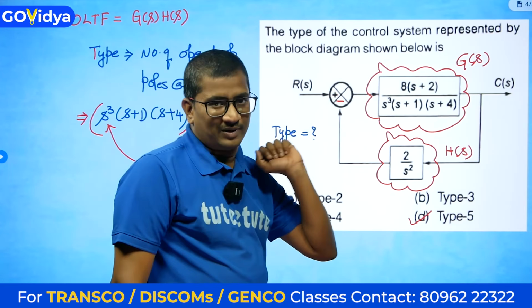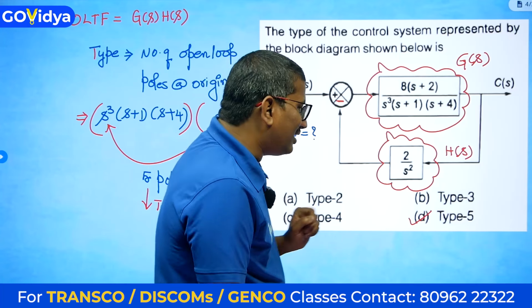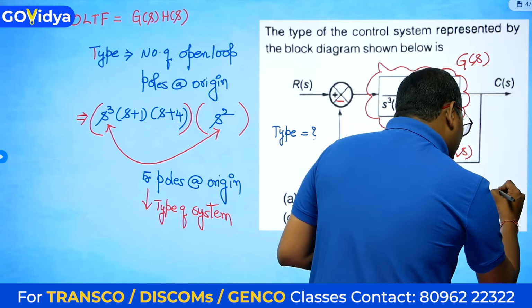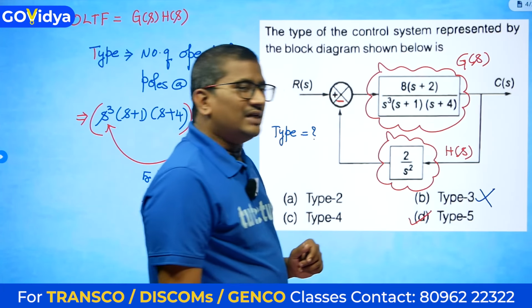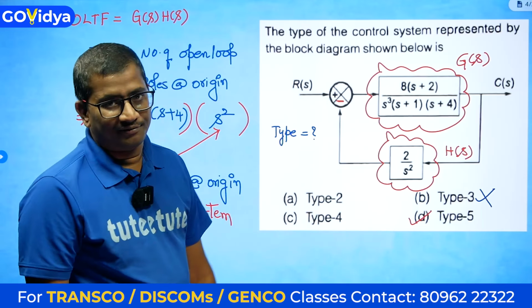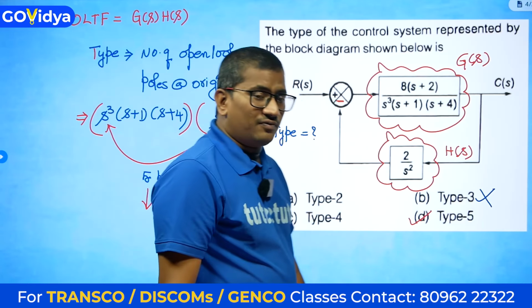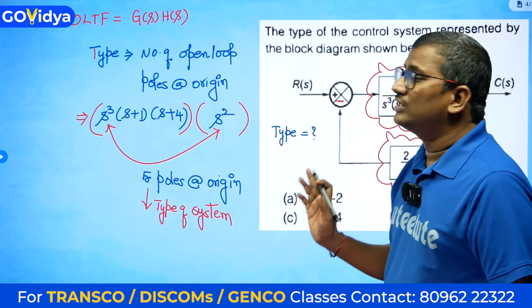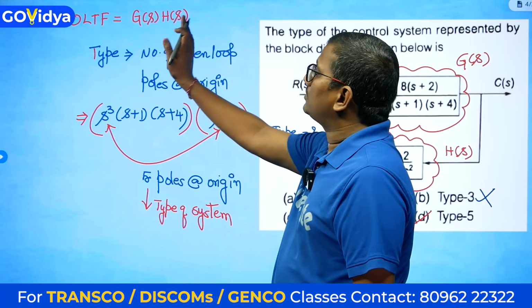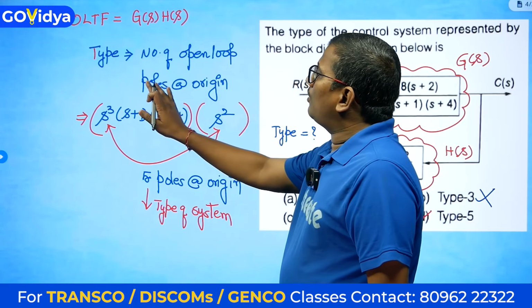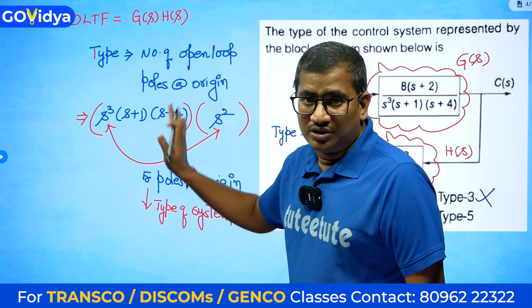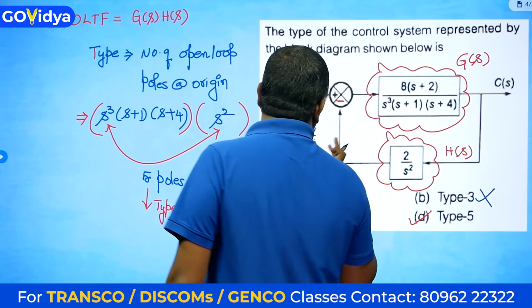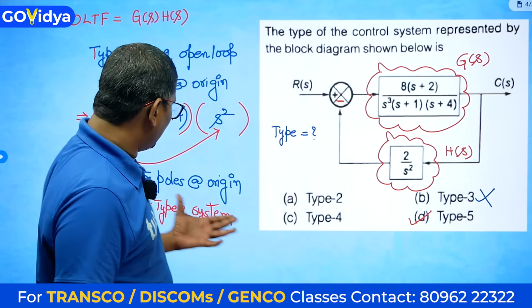This is what we generally expect, so immediately people will choose this as the correct answer, but obviously it is not. I hope you understand. Before understanding how to solve this problem, you first have to know the definition of the type of the system: the number of open loop poles at origin. Our interest is only in poles, so that's why I have directly taken it like this.